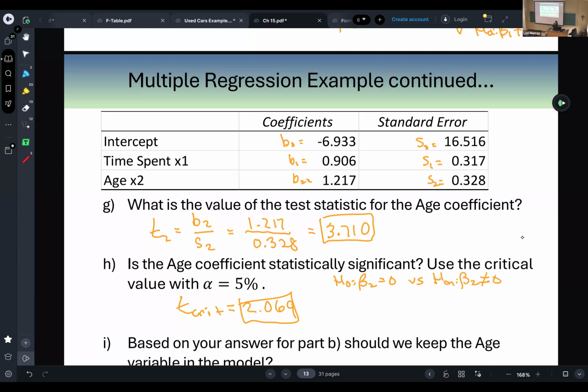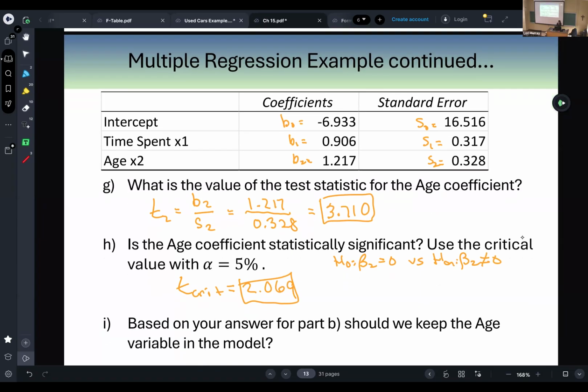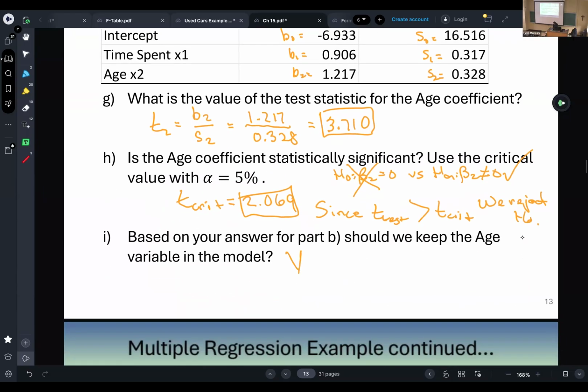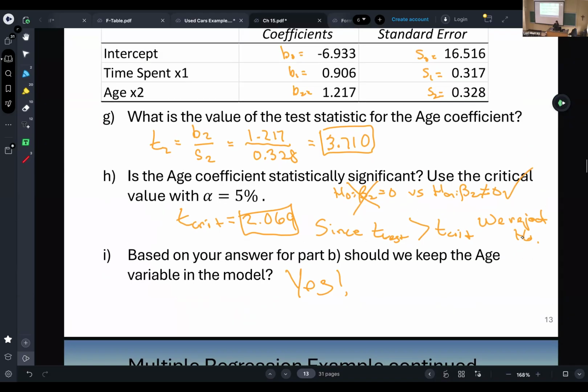We're hoping to reject that it equals 0. So is it? Yes. Since the t-test, which is 3.71, is greater than the t-crit, we reject H naught. This is good. Should we keep age in the model too? Yes, we keep them both.